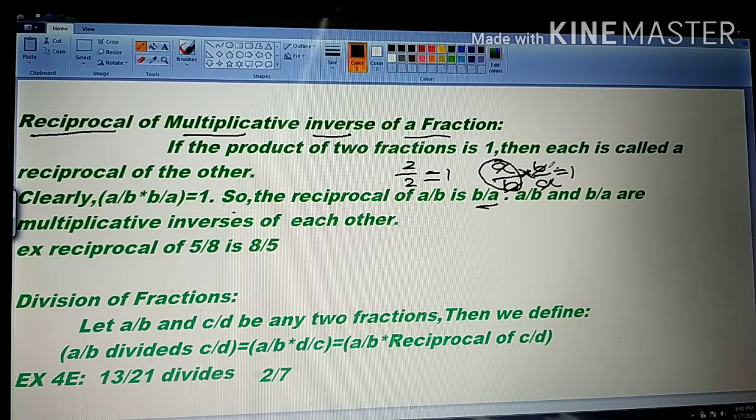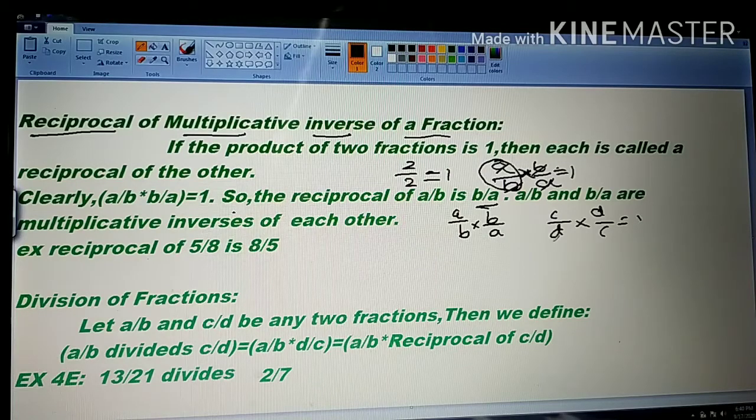Now you can understand the reciprocal, right? Reciprocal means just reversing the given fraction. If you have a by b, the reciprocal of a by b is b by a. If you have c by d, the reciprocal of this fraction is d by c. Then only you will get 1, right? Your purpose is to get 1.